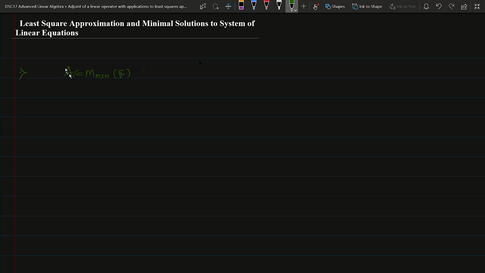So you can consider this particular matrix as a linear transformation, defined as LA, that is the left multiplication operator, that defines from Fn to Fm such that LA of x is the same as A of x.